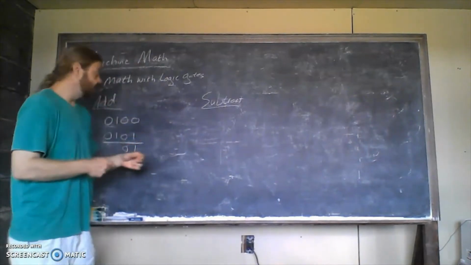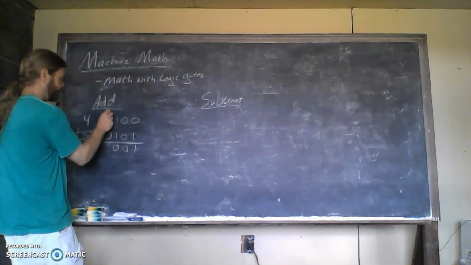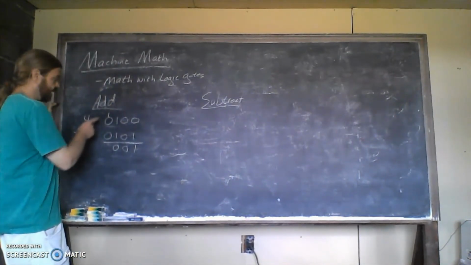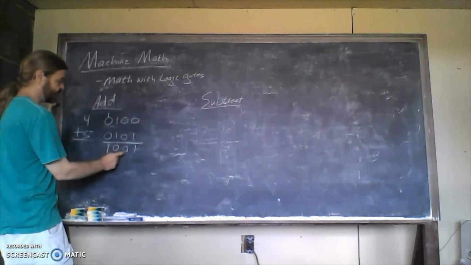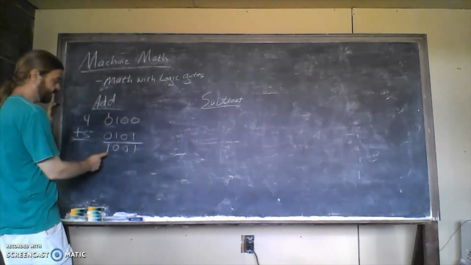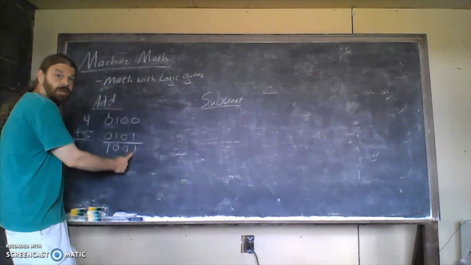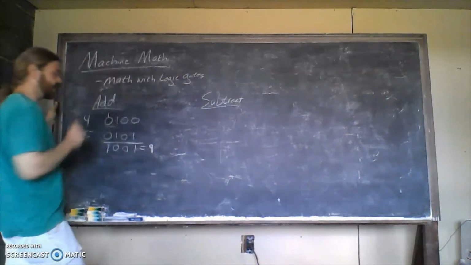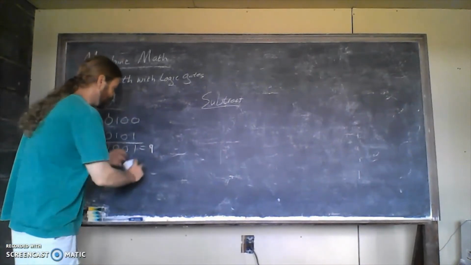Takes up 2 columns. So 1, 0 is a 0, and then we have to carry the 1 over to the next column. Now 1 plus 0 gives us 1. So 1, 0, 0, 1, that's 8 plus 0 plus 0 4s plus 0 2s plus 1 1. 8 plus 1 gives us 9. Right, what we would expect from a 4 plus 5.